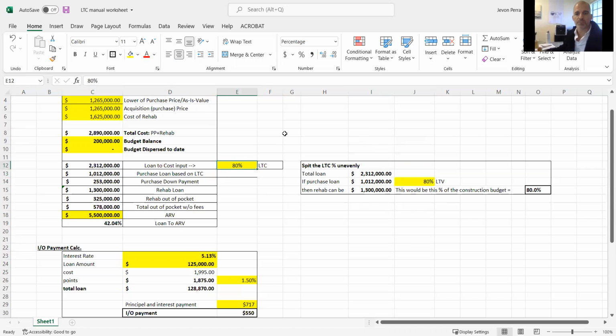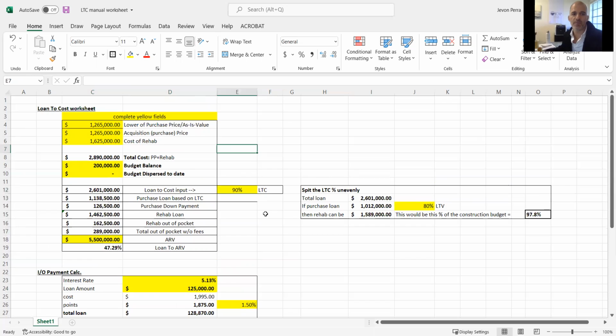So if I can go up to 90% here, this is the total loan that I can do. If they put 80% down right here for the purchase, the rehab can actually be higher than 80%. It can be all the way up to 97.8%, and still the total loan to cost is 90%. So this is a way to see if I can get close to 100% construction financing. So that's a way to see how the two numbers would be different.